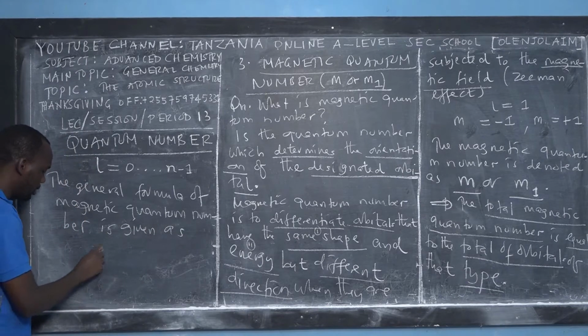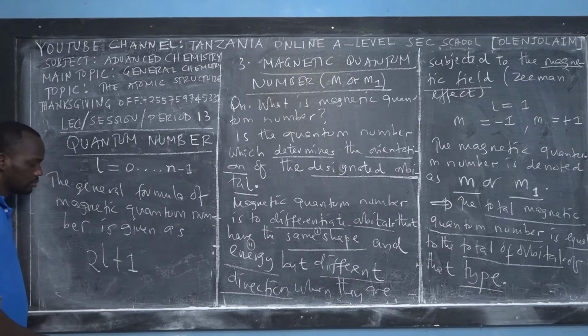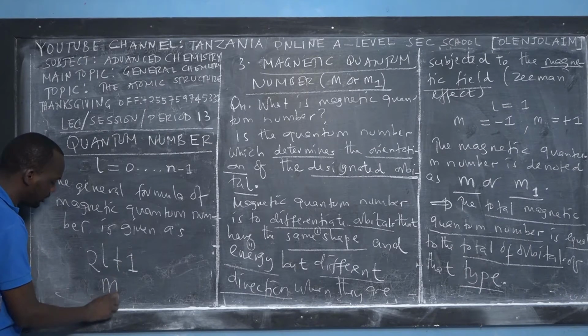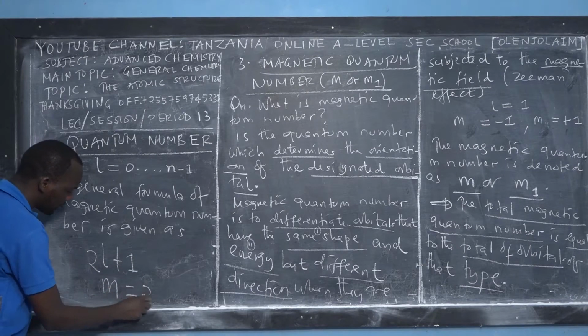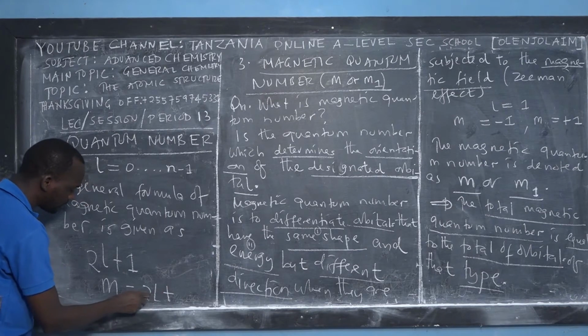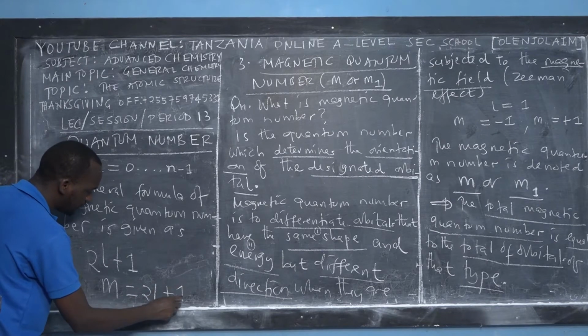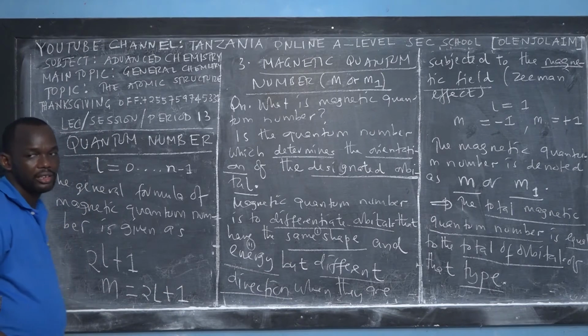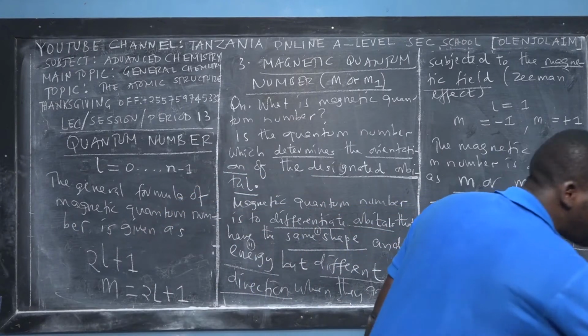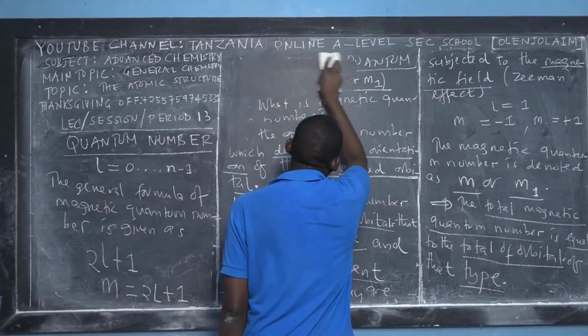So you say that it is twice L plus 1. What does it mean? It means the number of magnetic quantum number values m we can find by using 2 times the subsidiary quantum number L, plus 1. So this is the general formula. We call it the nth term, for example, if you are learning about sequences and series. That's the nth term, that's the general formula.